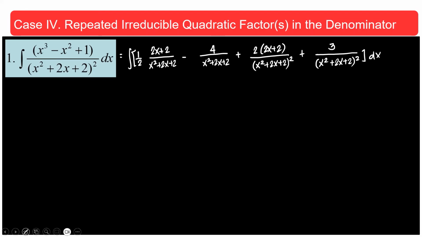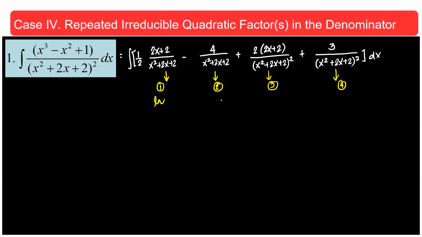Now, guys, just by looking, what's the form? Can you tell me the form? Let's call this number 1, number 2, number 3, number 4. What's the form of number 1, guys? ln, very good.